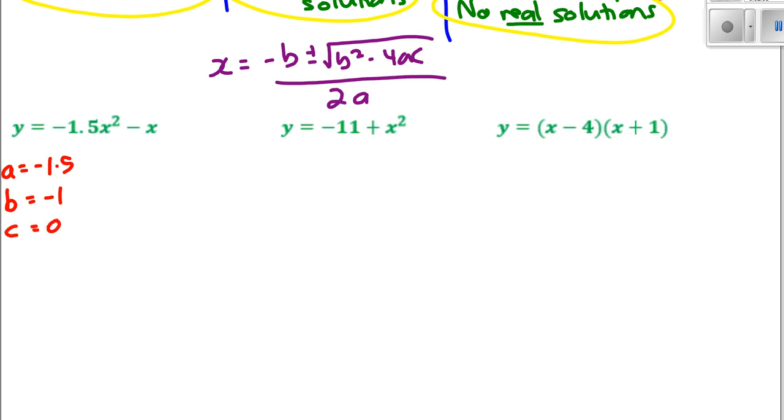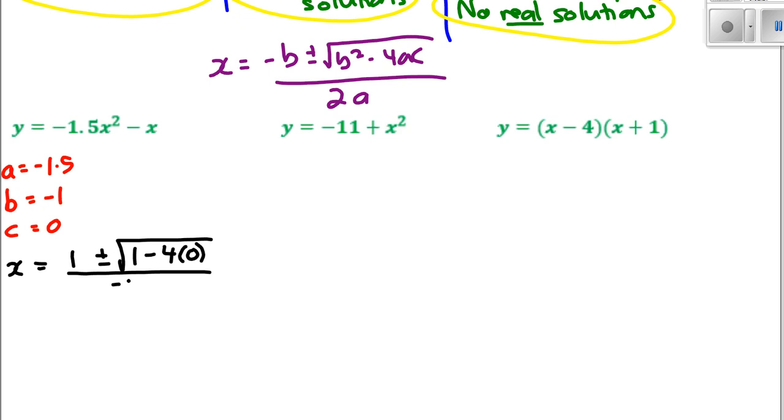Plug it into our delightful little formula. x equals negative b, so positive 1, plus or minus the square root of b squared. Negative 1 times negative 1 is positive 1, minus 4ac. 4 times negative 1.5 times 0 is like 4 times 0. Over 2a, so negative 3.